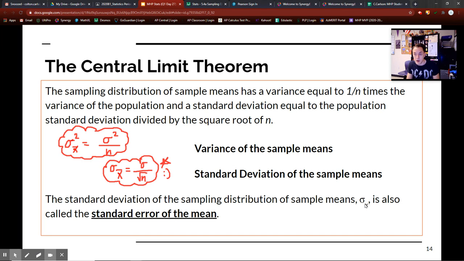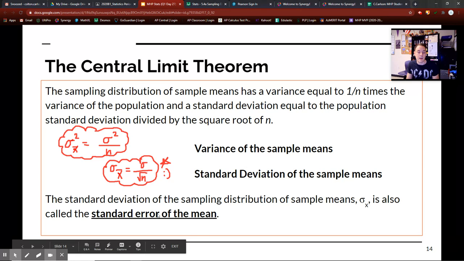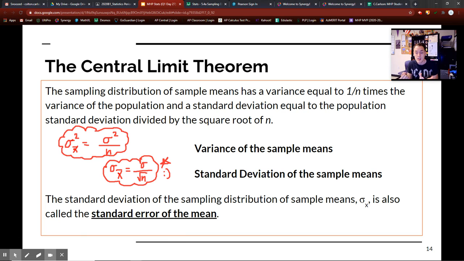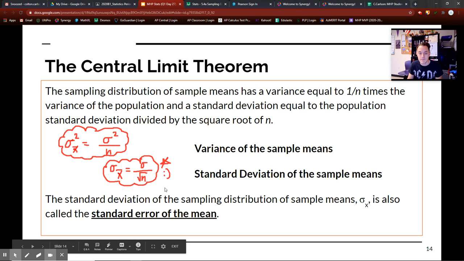I know the bar is not on there, but that's what it means. It is also called the standard error of the mean. We've already explained this. They mean synonymously the exact same thing. If I say standard deviation of the sample means, that's fine. It also means the standard error of the mean. Sometimes Math Excel in these slides will ask you to find the standard error. Well, the standard error is how much it deviates from the mean. That's the standard deviation. Okay?